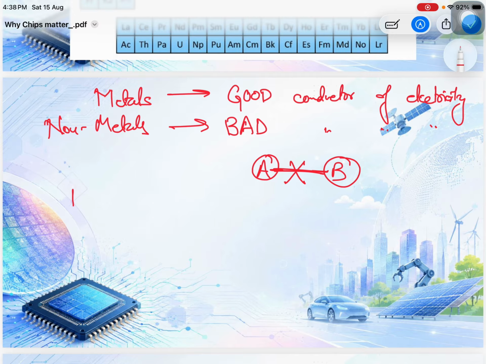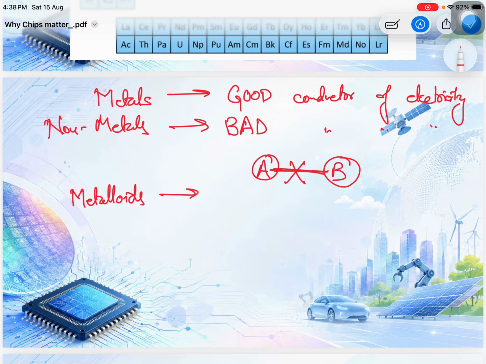What about metalloids? I believe most of you know they are not a very good conductor of electricity, but we cannot say that they do not conduct electricity.